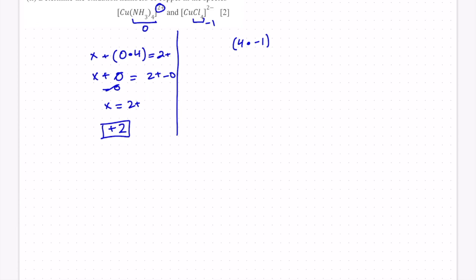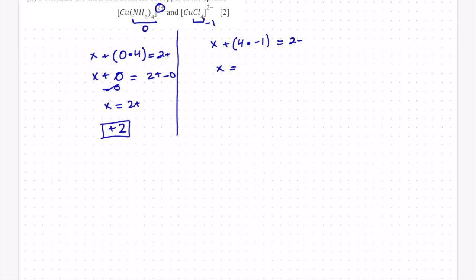This is the charge of the four Cl ions, and our x is also the oxidation number of copper, and we will realize that the whole charge of this complex ion is -2.